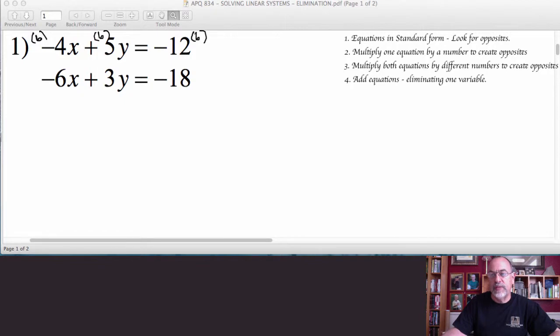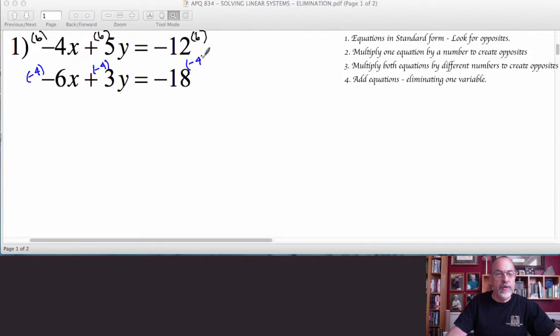So to create the opposites, I'm going to multiply the second equation by a negative 4. I'm still going to multiply by this 4, but make it negative, so this negative 6 times this negative 4 will give me a positive 24. So when I multiply both of these equations by different numbers, the x's will be opposites. And again, remember, that's all we're trying to do, is to create opposites.